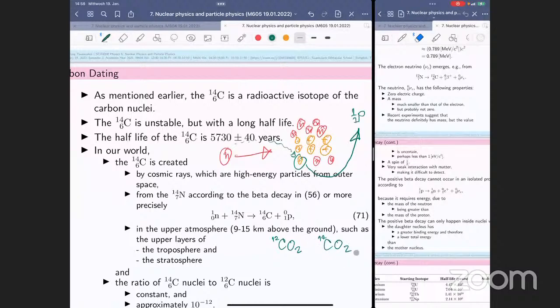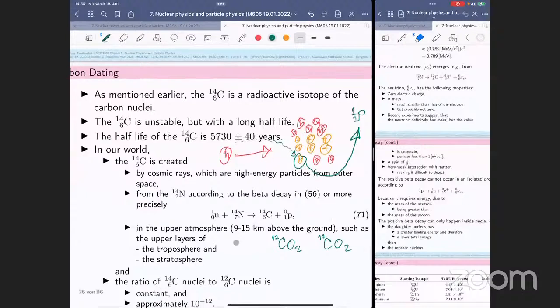So carbon-14 will get into our body. However many years you live, you would collect carbon-14 in your body, and that's the thing that happens. Okay, in the atmosphere 9 to 15 kilometers above the ground, we have the upper layers like the troposphere and stratosphere, and that's the layer of the atmosphere where this process, the equation, took place.